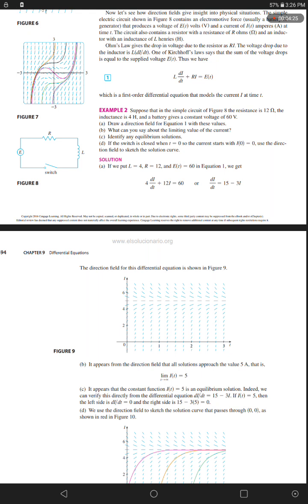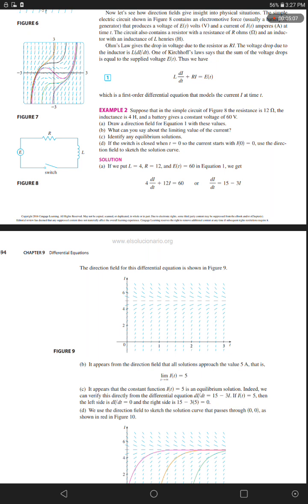Part B, what can you say about the limiting value of the current? Part C, identify any equilibrium solutions. Part D, if the switch is closed when t equals 0, so the current starts with I(0) equals 0, use the direction field to sketch the solution curve. See figure 8. We have a switch, E, R, and L.